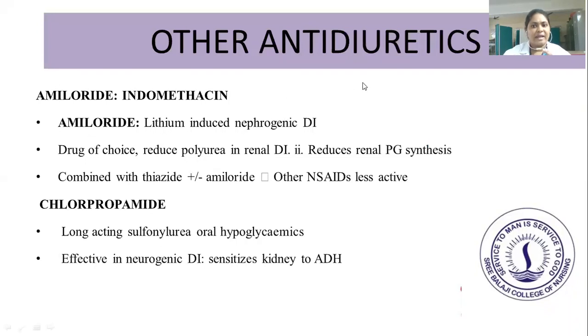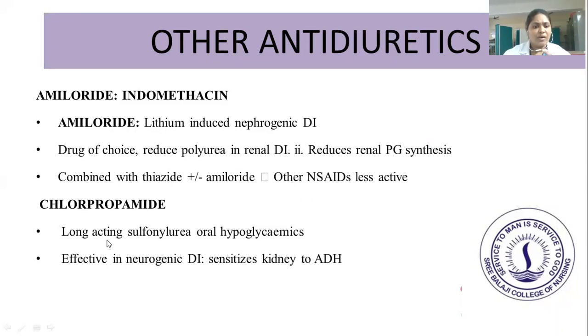And the other antidiuretic drugs are amiloride and indomethacin. Amiloride is used in lithium-induced nephrogenic diabetes insipidus, DI. The drug of choice to reduce the polyuria in renal DI reduces renal PG synthesis, combined with thiazide plus amiloride; other NSAIDs are much less active.